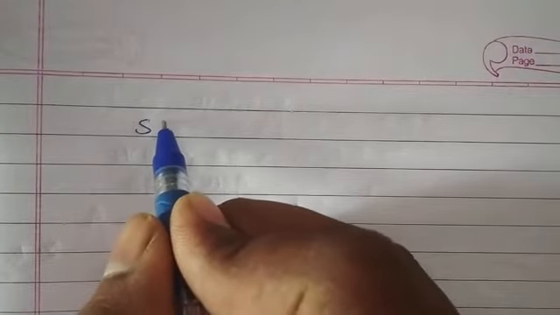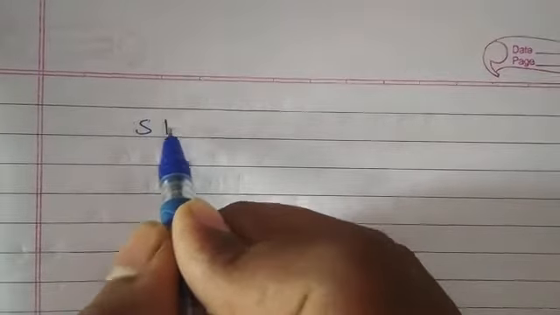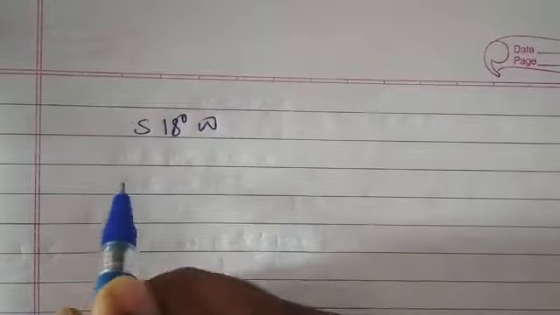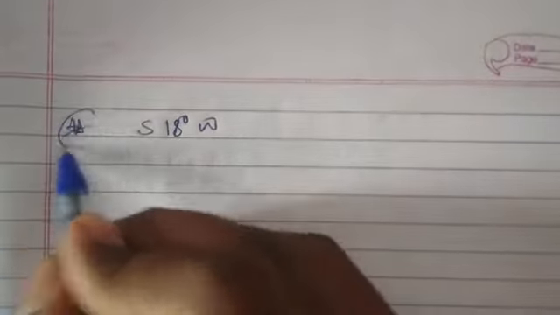Now let's take one more example in which we'll convert quadrantal bearing into whole circle bearing. So we'll take south 18 degree west. First of all, we'll draw the line.